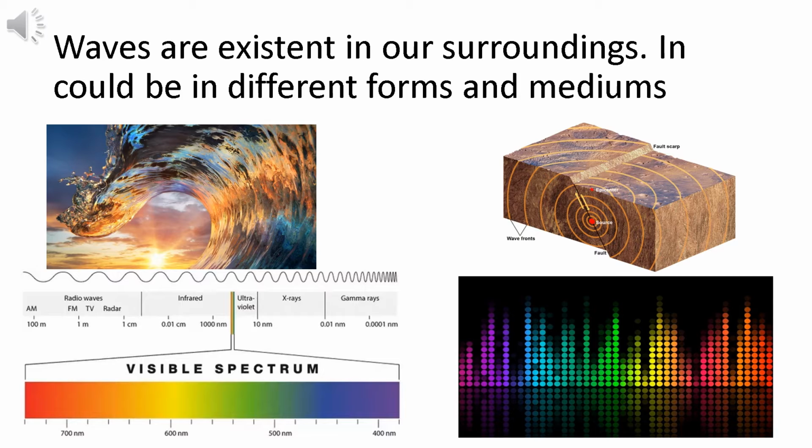As you could see from here, di ba, ang mga samples natin ng waves are the water waves, the seismic waves, the sound waves, light waves, electromagnetic waves, and many more. So these waves are in different forms, as well as iba-iba rin yung medium kung saan dumaloy or nag-travel yung wave.